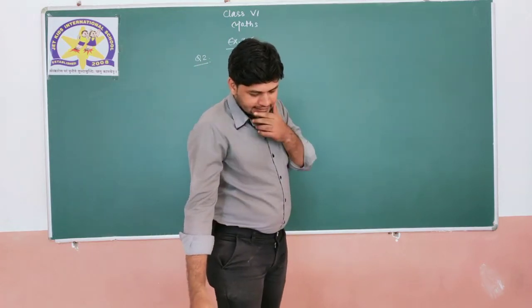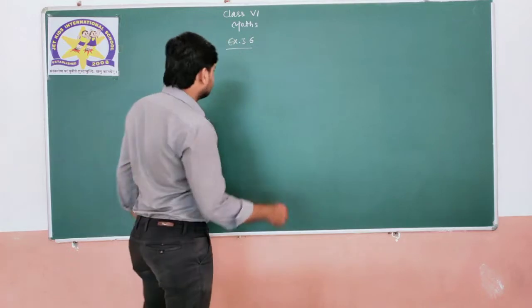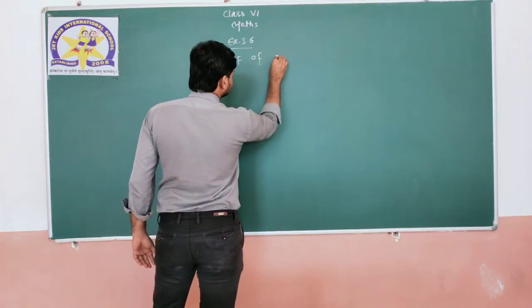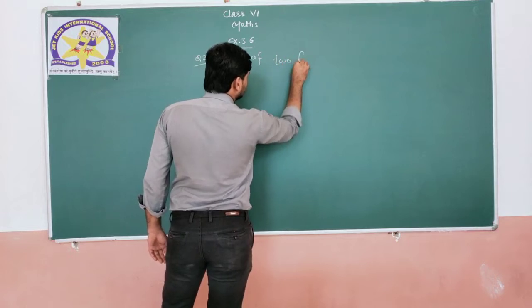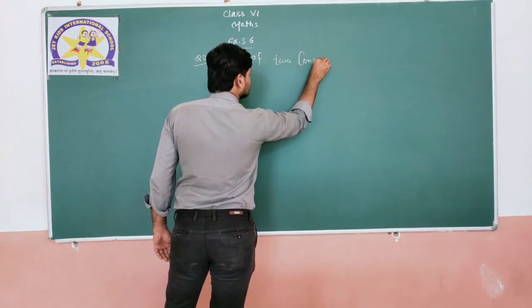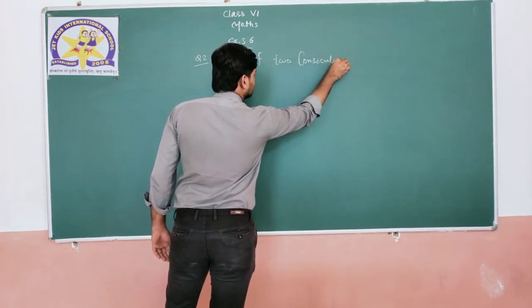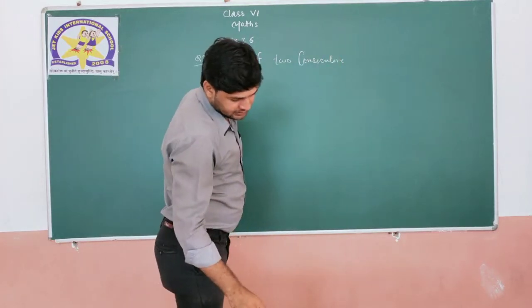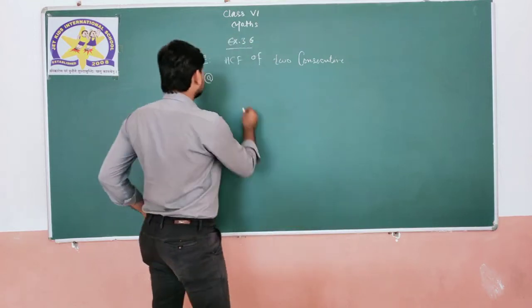So what is the HCF of two consecutive numbers? The given is the first two consecutive numbers.